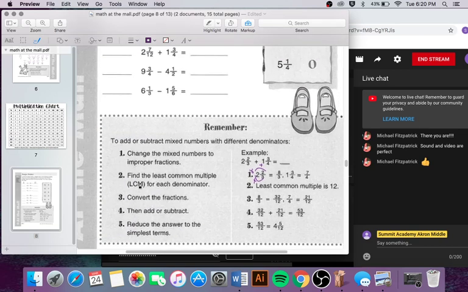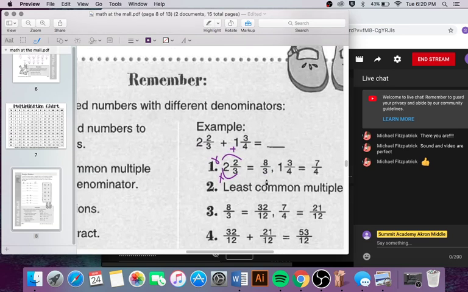So the next step is to find the least common multiple of the denominators. Our denominators are 3 and 4. So we want the least common multiple of 3 and 4.